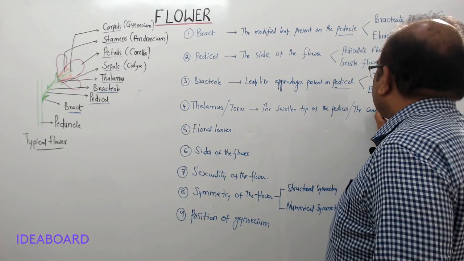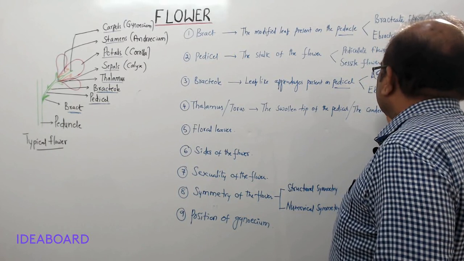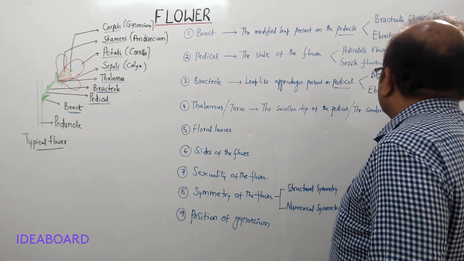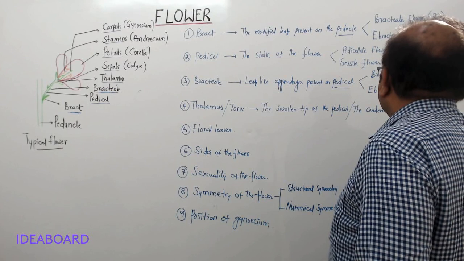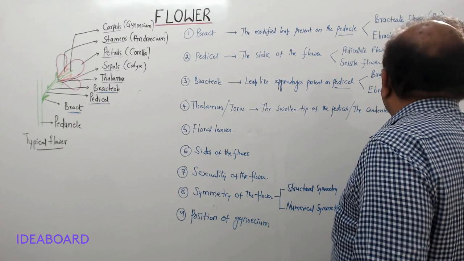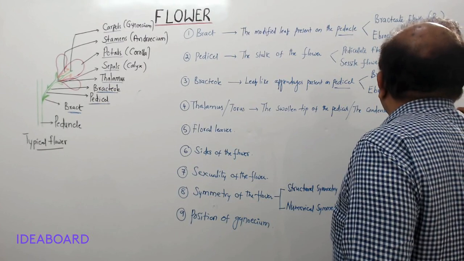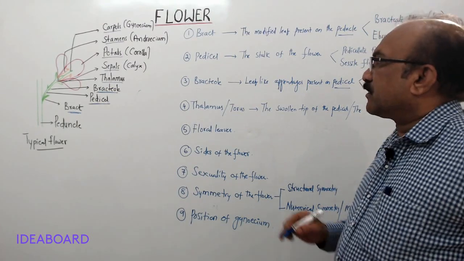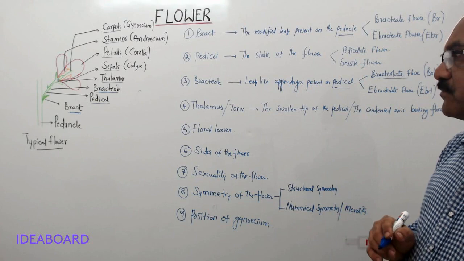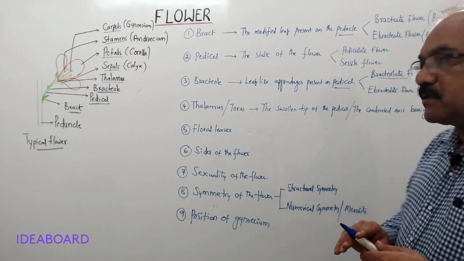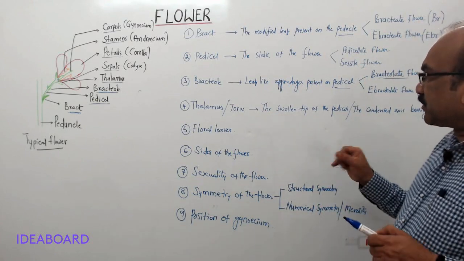The condensed axis bearing floral leaves is called thalamus. Okay, I hope you're understanding. We can differentiate now.